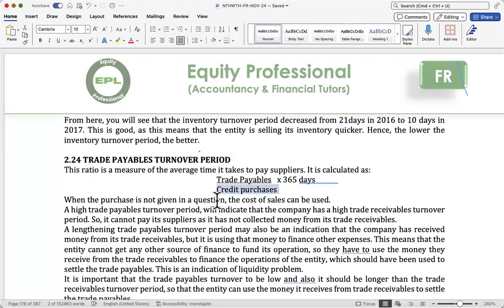But of course, an elongated payables turnover period might be an indication that a company is facing liquidity problem, especially when you compare it from year to year, or with industry average. Why would you want to delay your supplier if you are really doing a lot of activities?